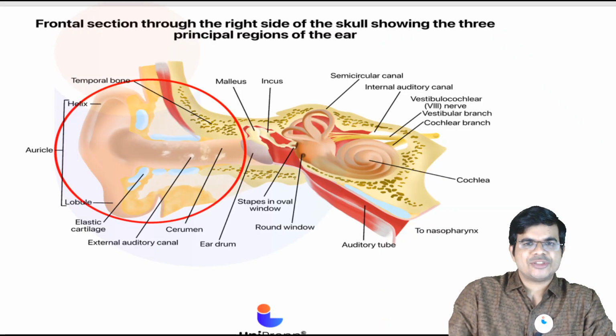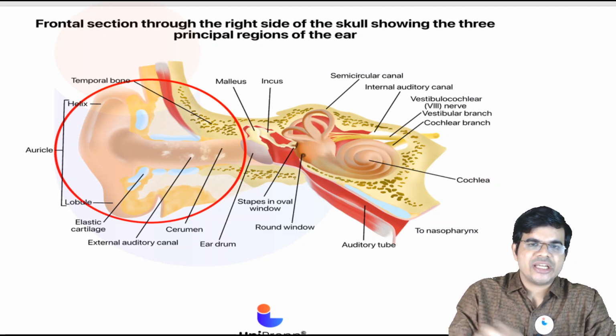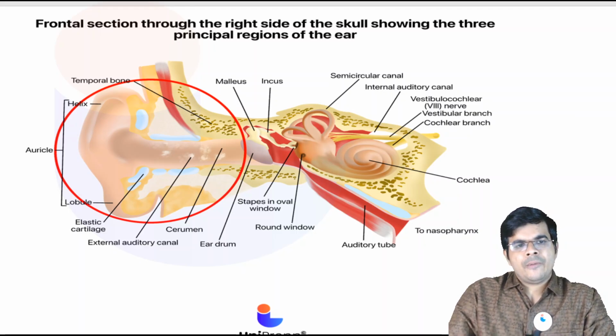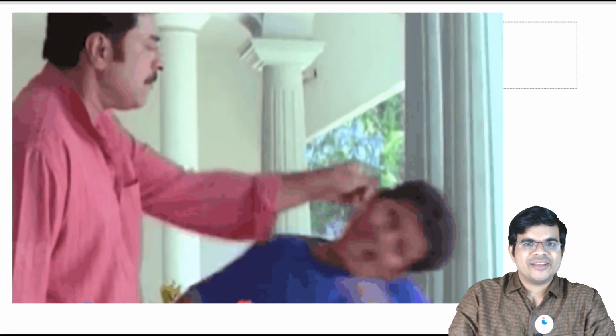Ear, as you know, consists of the external ear, middle ear and inner ear, and the encircled portion is the external ear, and as you can see there, it has got the pinna and external auditory canal as its parts. And pinna, it has been used for punishing you since your childhood, isn't it?